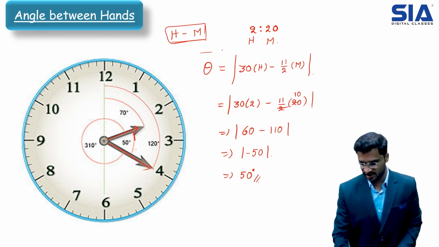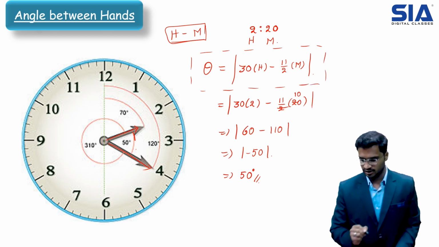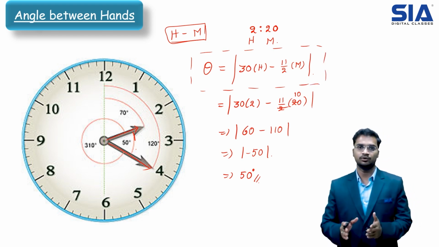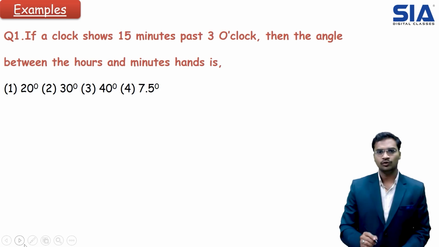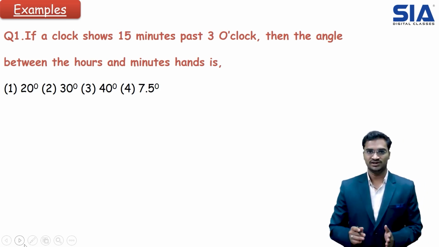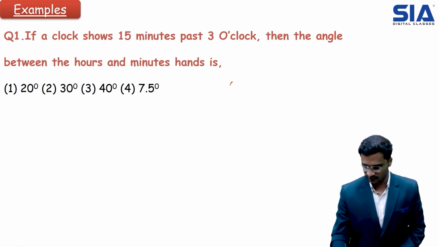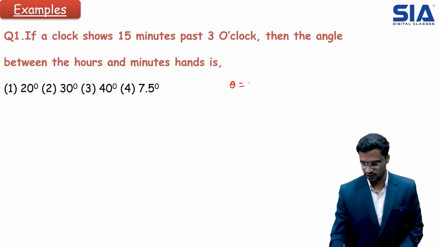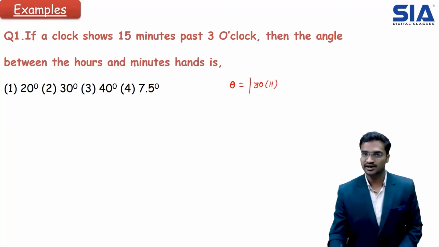What you have to remember is this formula: theta equals 30h minus 11 by 2 m, the angle formula, where h and m are hours and minutes.